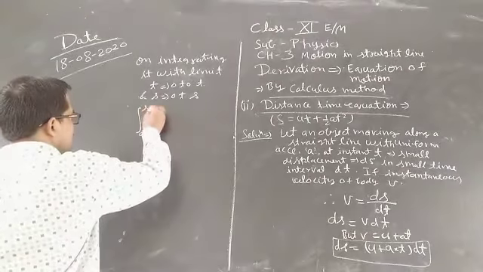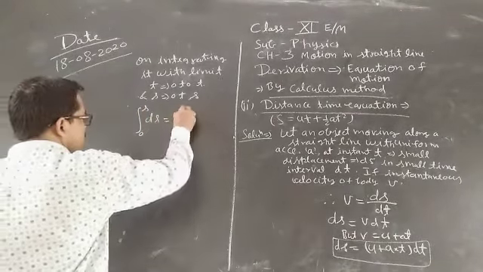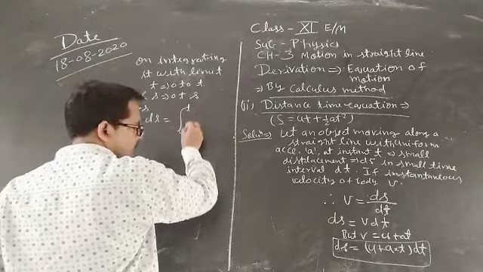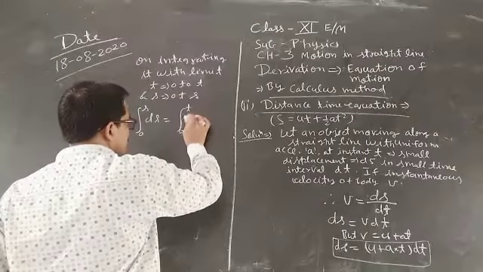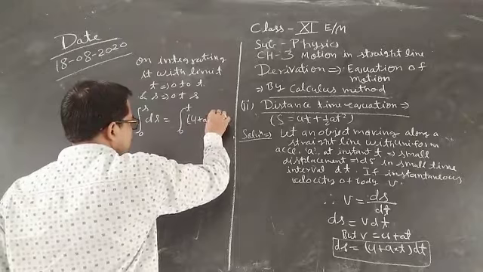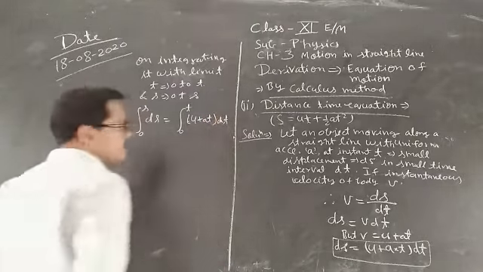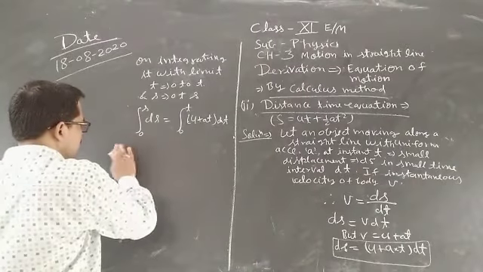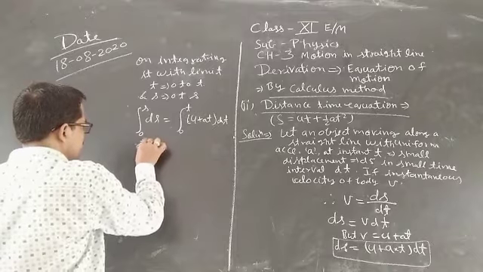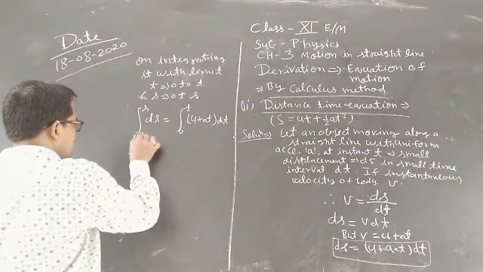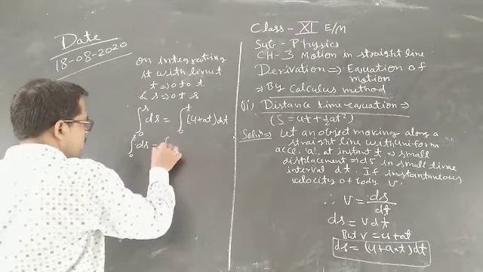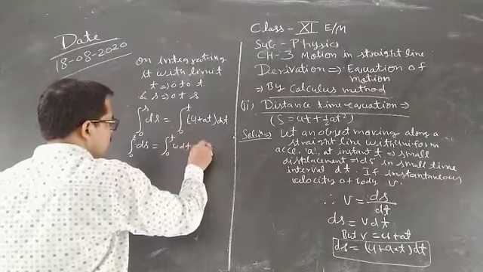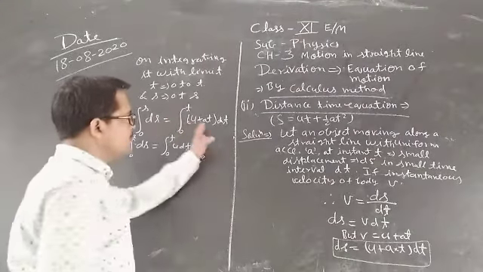So the integral of ds from 0 to s is equal to the integral from 0 to t of (u plus at) dt.